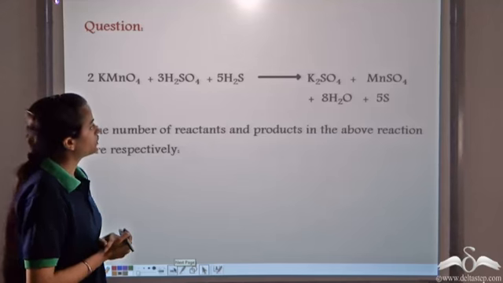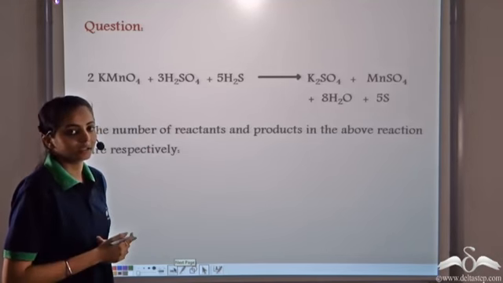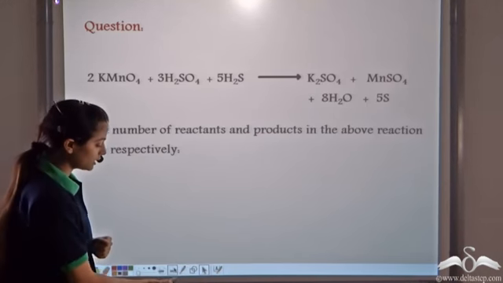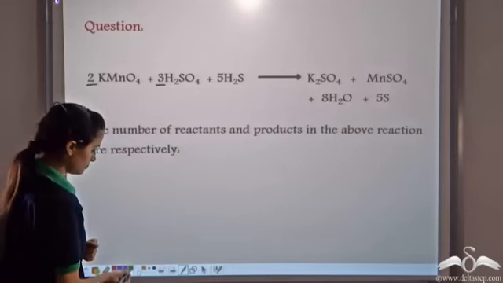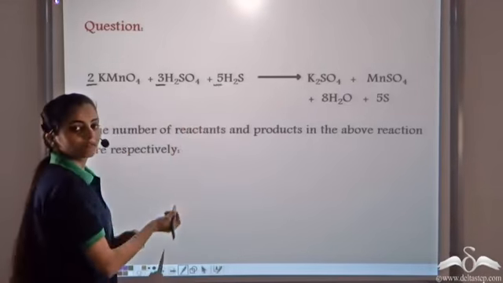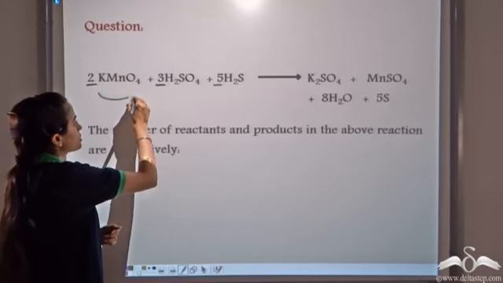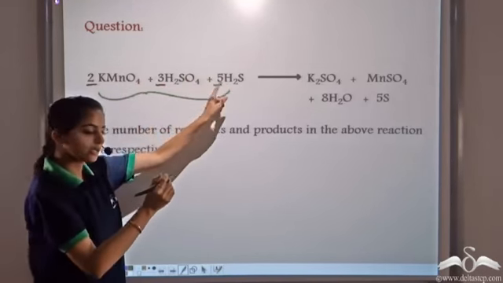Now this is a chemical equation. What is the number of reactants and products which are taking part here? So do not get confused by these numbers that you see. We know reactants are the substances taking part in a reaction. So we have 1, 2, and 3 reactants.